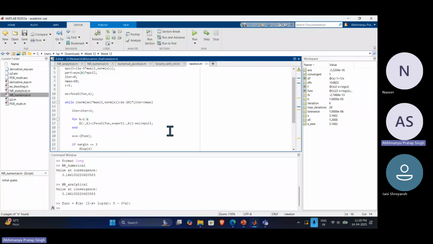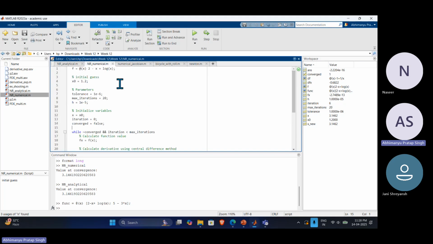How much do we perturb it? In this case I was taking h equal to 10 to the power minus 5. So we just perturb it by a small amount. If I perturb it by a very large amount, 10 to the power minus 2 or minus 3, then the numerical Jacobian would be very far off from the analytical Jacobian, because this step size is very large as compared to this small size.